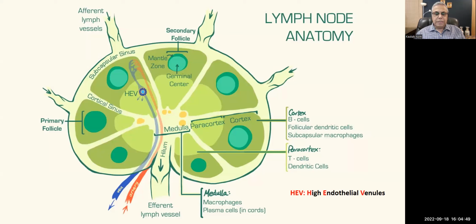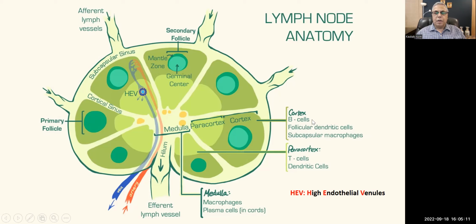Because these tumors most of the times arise in the lymph nodes, we'll have a quick revision of the anatomy of the lymph node. So this is what a lymph node is. There are afferent lymph vessels, many of them, and one is efferent, from which the lymph flows out. So lymph will flow in from these afferent lymph vessels.